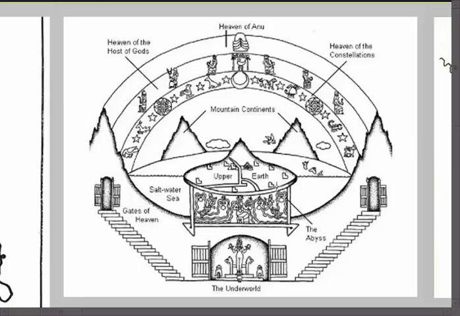Anyway, then you have the underworld here. Here is Enki with his waters, which are making the seas. And like I said, Inanna or Ishtar went into the underworld through the 7 gates to become queen of the underworld, basically.